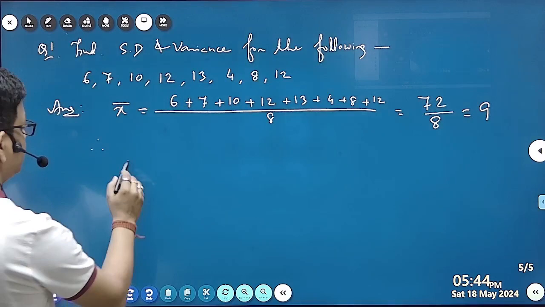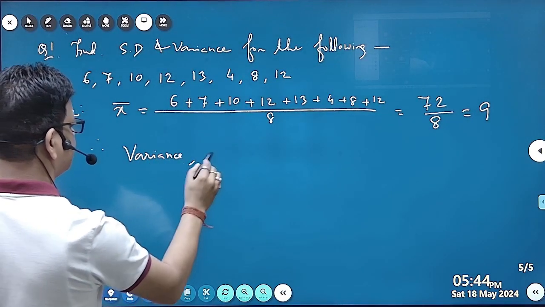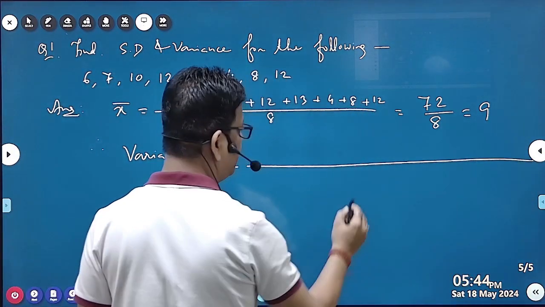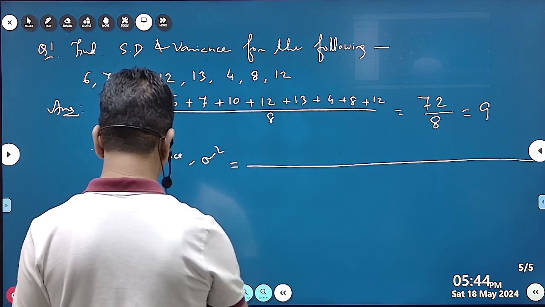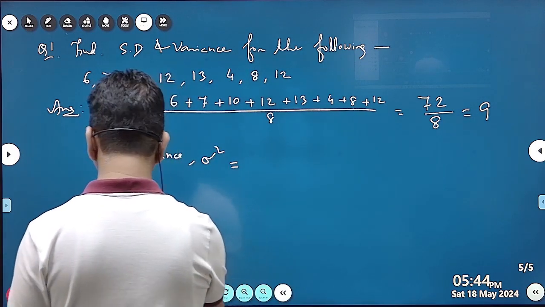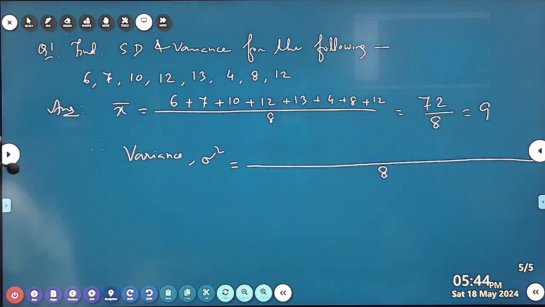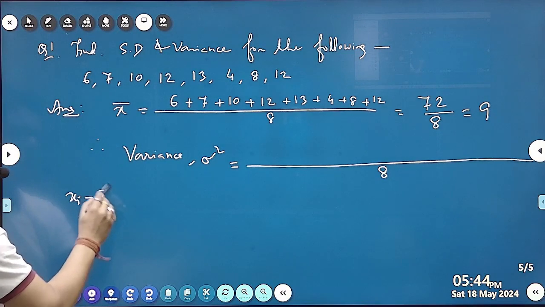So variance sigma square equals, denominator will be n. N means how much? Do I need to write the formula? It's fine. Now what you have to do is xi minus x bar whole square.